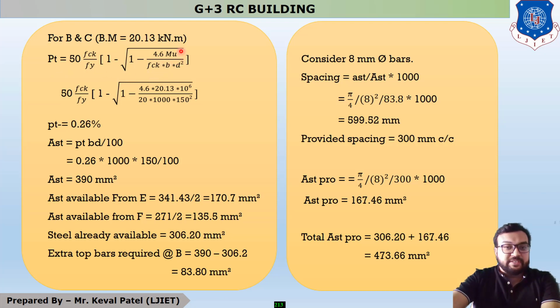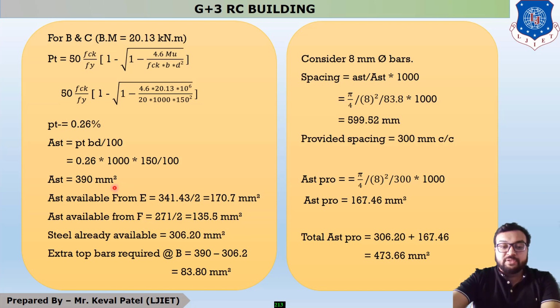The only change is in the value of Mu, which is 20.13. So students, after finding all these values, your value of PT is 0.26 percent. After finding out the PT, your next step is to find out AST, which is 390.00 mm square.